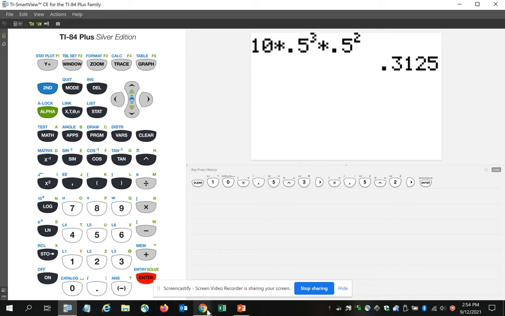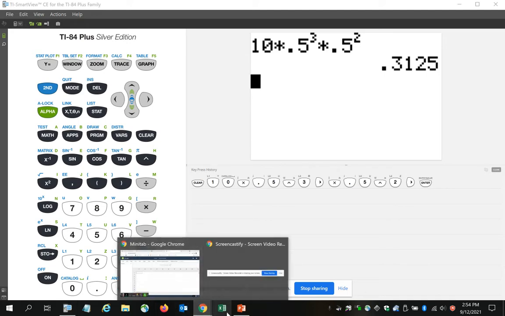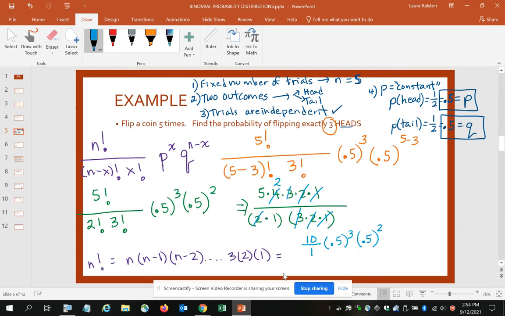So I get 0.3125. So the probability that I would get exactly 3 heads when I flip a coin 5 times is approximately 31%.